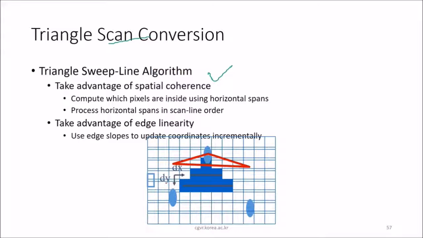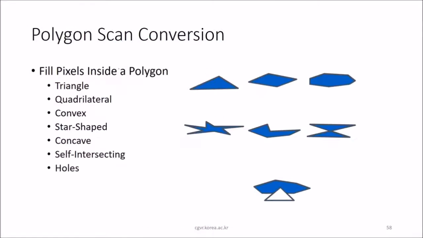We compute which pixels are inside using horizontal spans, and we process horizontal spans in scan line order. We take advantage of edge linearity also. So we use edge slopes to update the coordinates incrementally. Okay, so this is how we compute the triangle sweep line algorithm.